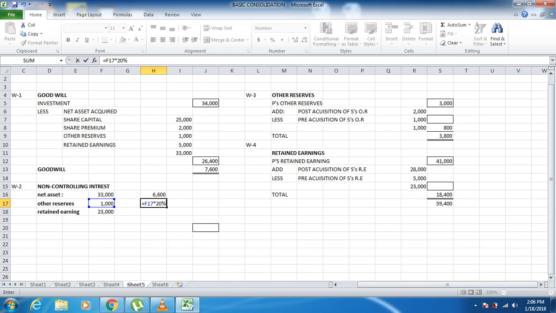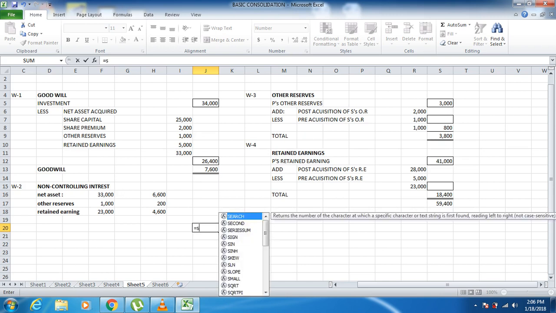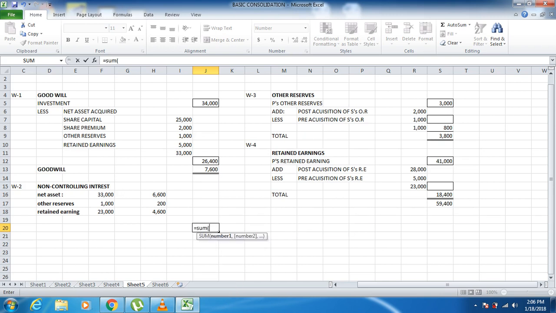We add up three amounts here. And this is the amount of non-controlling interest.